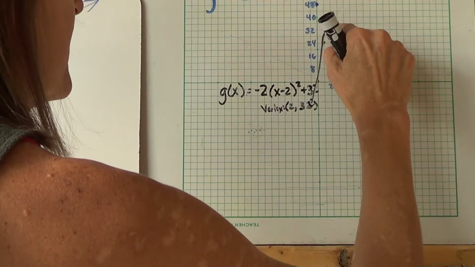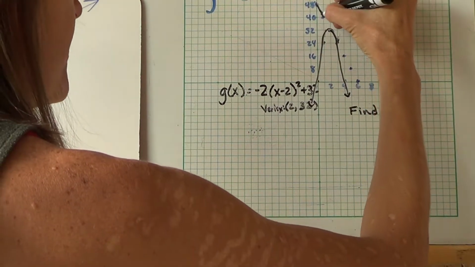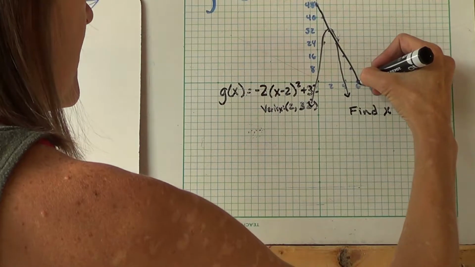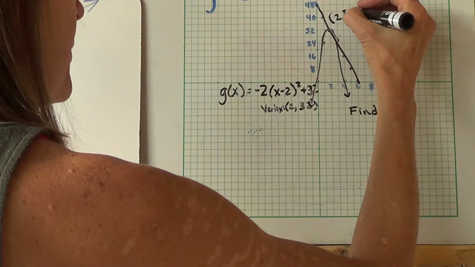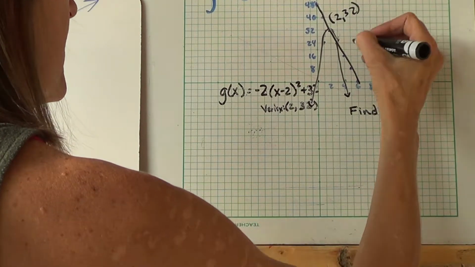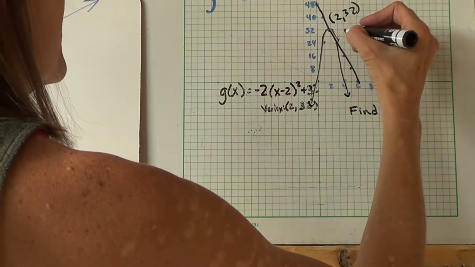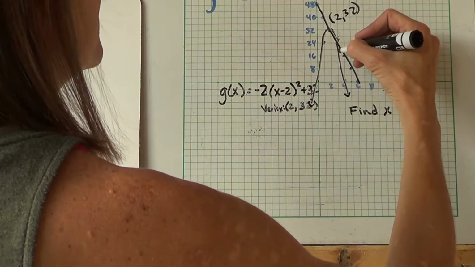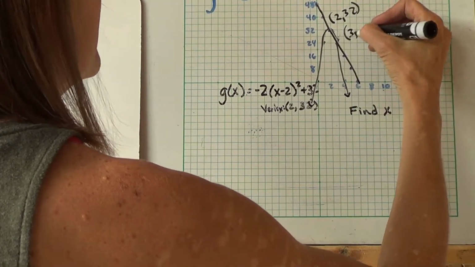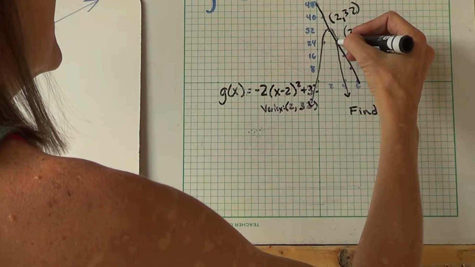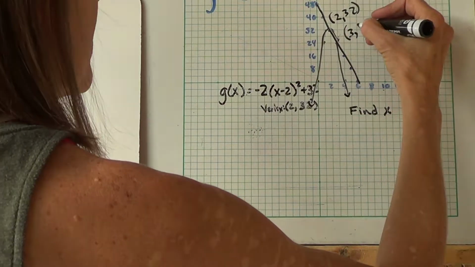So my intersections on these two graphs are at 2, 32, and at 3, 24.